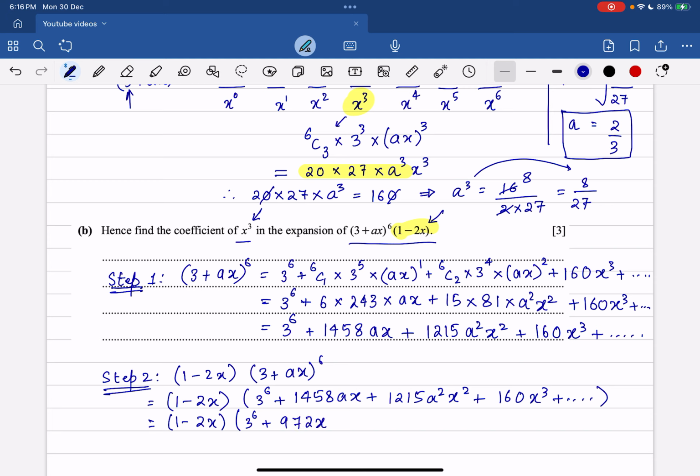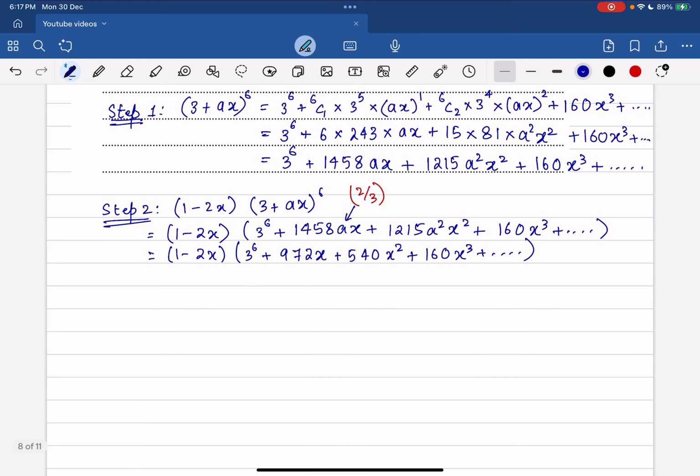So I have replaced a with 2 by 3. Why with 2 by 3? Because that's what we got in the first part, or in part A. 1215 gets multiplied with a squared, so that's 4 by 9. That gives me 540 x squared plus 160 x cube plus dot dot dot.